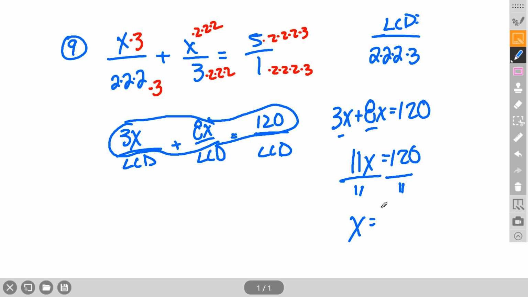Divide by 11. We'll just leave it as a fraction because it doesn't reduce, so we will just leave it as 120 over 11. Now make sure that it doesn't cause any denominators to be equal to 0. We don't even have any variables in the denominator, so that's not even possible.